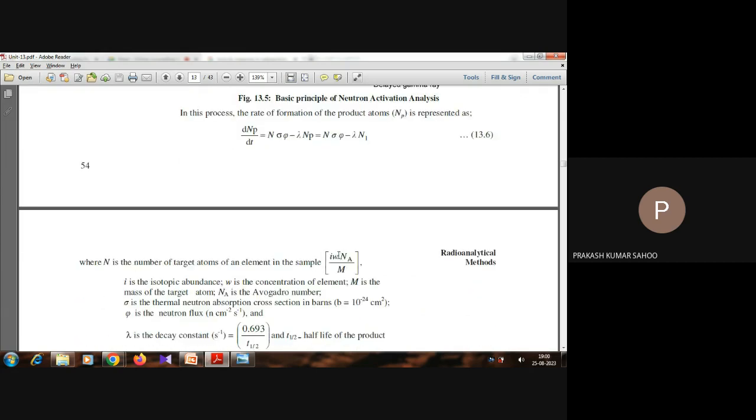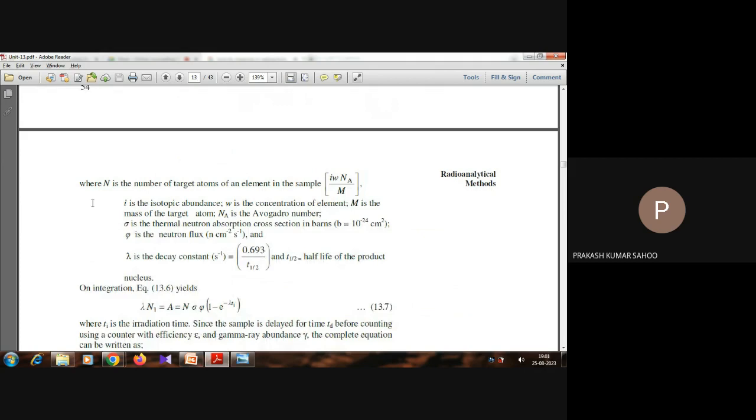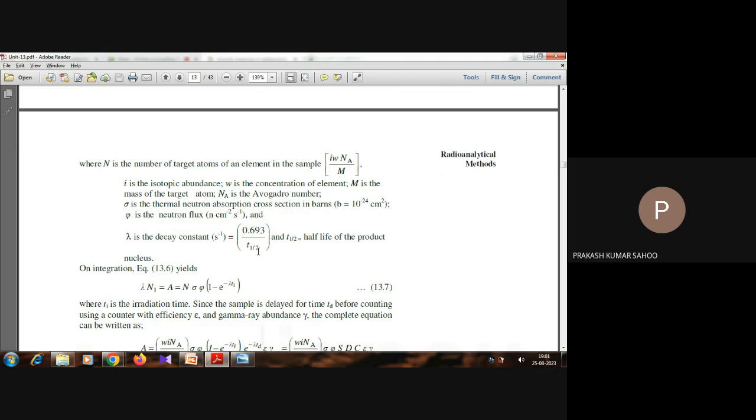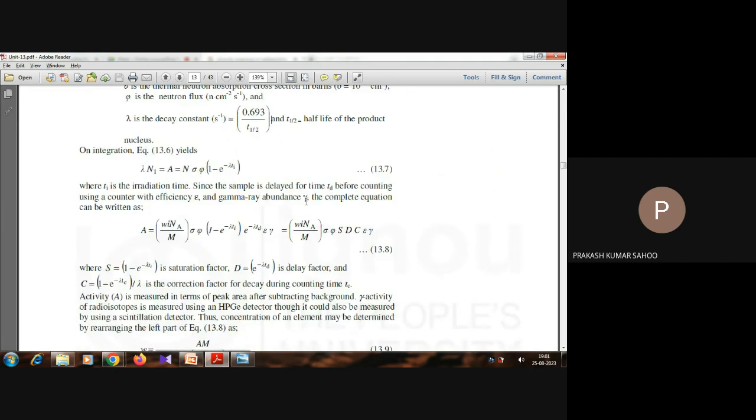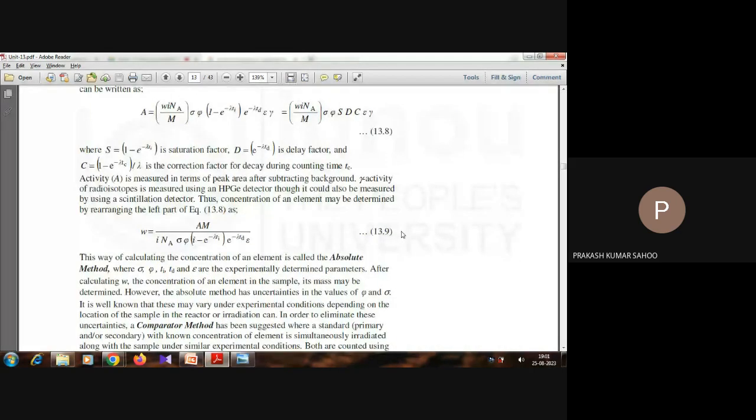Here N is the number of target atoms, I is the isotopic abundance, sigma is the thermal neutron absorption cross-section in barn, 10 to the minus 24 centimeter square of area, psi is the neutron flux, and lambda is the decay constant, that is 0.693 by T half. This just obeys first order kinetics. Just try to remember these equations from your examination point of view.